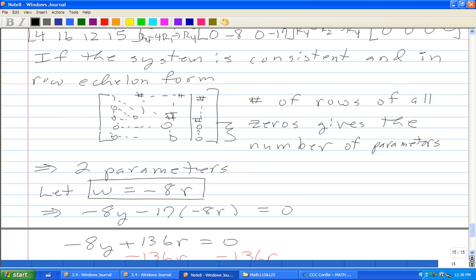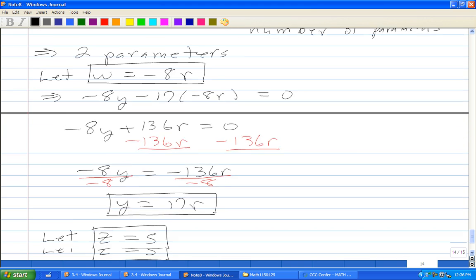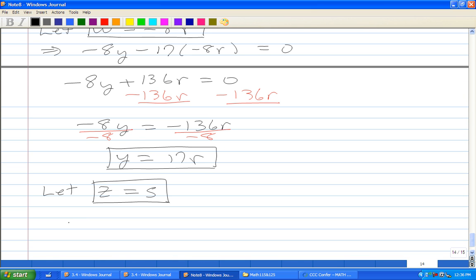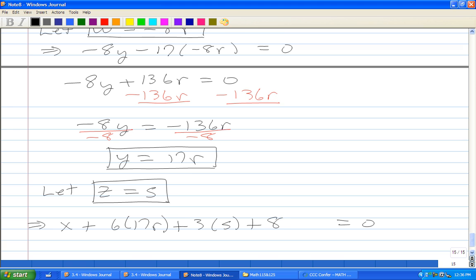Then I have 1, 6, 3, 8. Okay, so x plus 6 times 17r plus 3z plus 8 times negative 8.